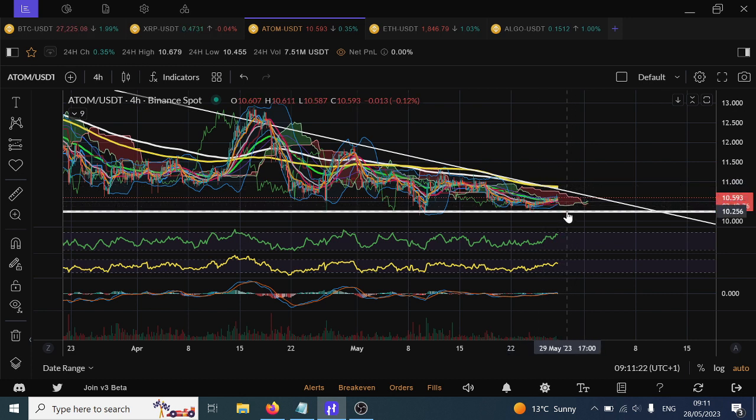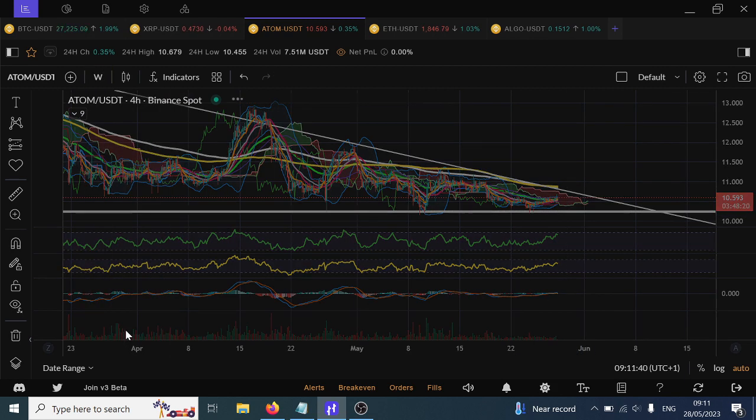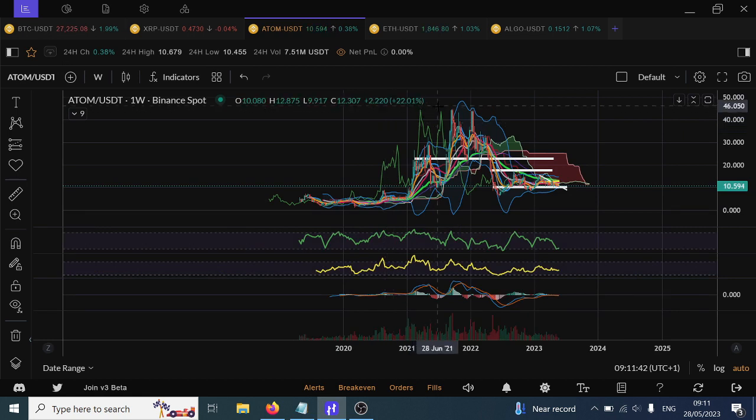Moves back down into the lower tens should be thought about as one area for a dollar cost average for the long term for something like Atom, to hold this back up to its previous glory and probably beyond. Remember, in the last bull market, this only ever reached into the 40s. So once you break outside of the $45 zone, you basically enter into a blue sky breakout for Atom.